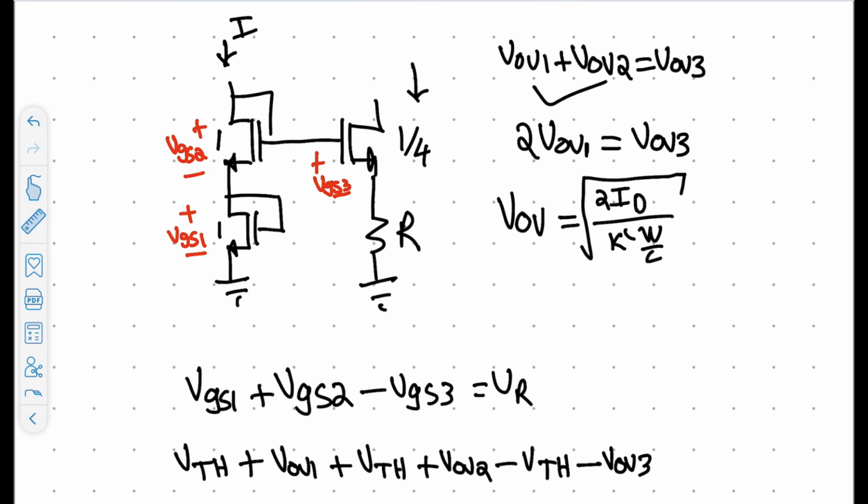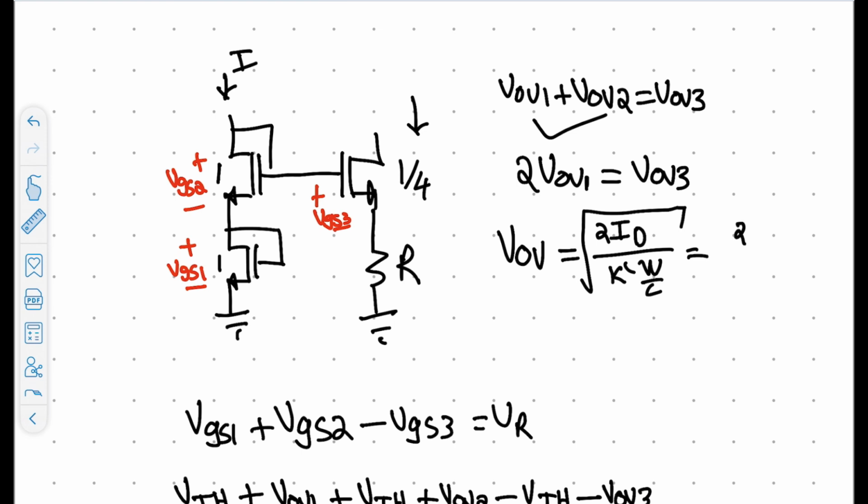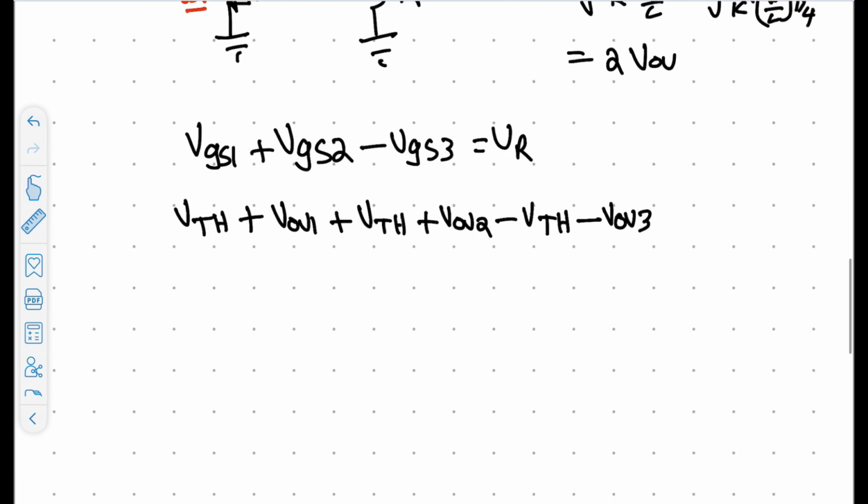So if we size that at a quarter, then what we get is the square root of 2ID over K prime W over L times a quarter. That goes out into the numerator, and then we get the 2 VOV. So now, if we plug that back into this expression, we have VTH plus VOV1 plus VTH plus VOV1 minus the threshold minus 2 VOV1.